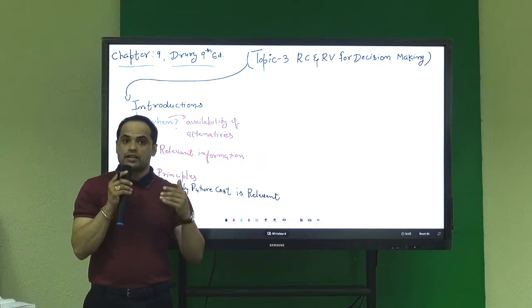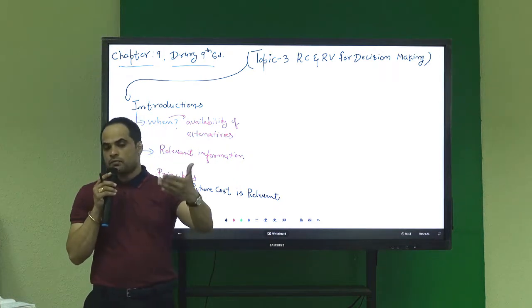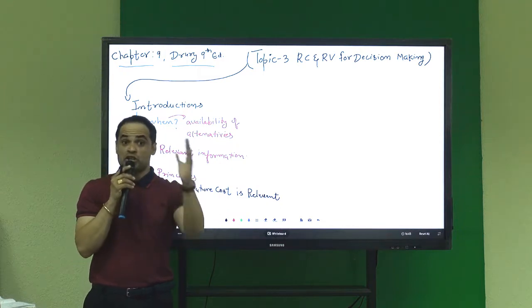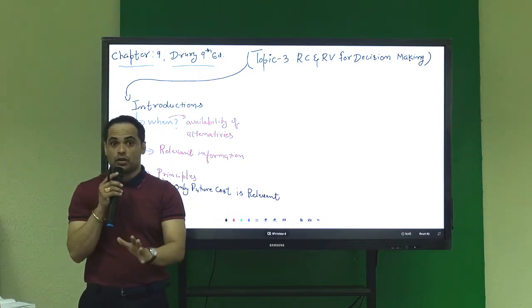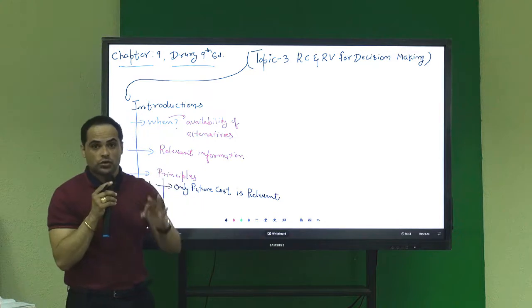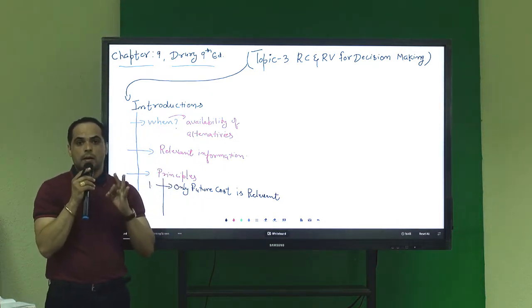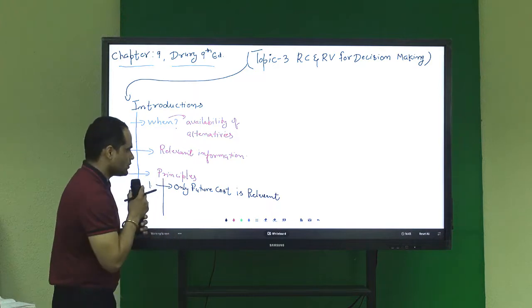Because whatever decision we're going to make, that's decision making, of course, is about the future. What we're going to spend and how we're going to spend, or we should spend or we should not spend. Alright? So that's why future cost is relevant compared to the past cost.